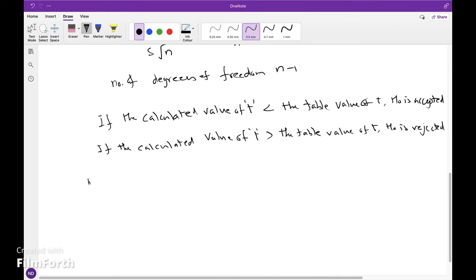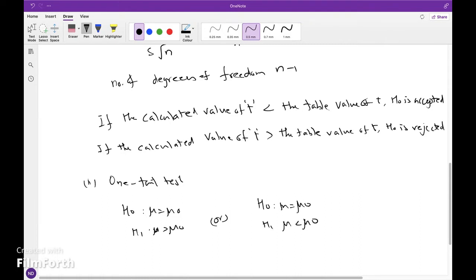Case 2, one-tail test. In the case of one-tail test, the null hypothesis and alternative hypothesis may be classified as one of the forms: H naught mu equal to mu naught, H1 mu is greater than mu naught, or H naught mu equal to mu naught, H1 mu is less than mu naught.